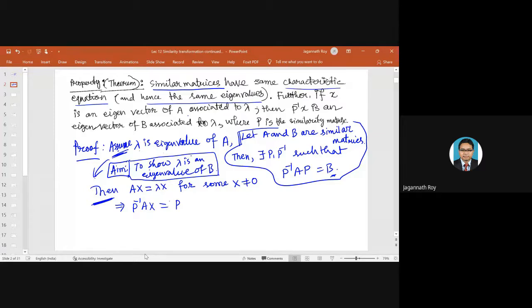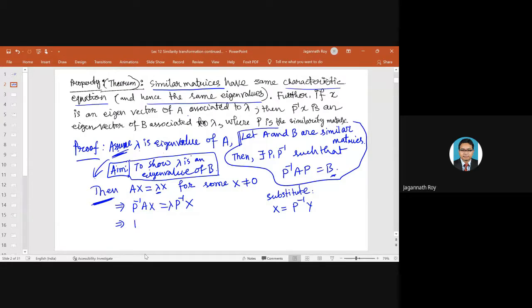Since lambda is a constant, it will come out, and let us write P inverse X. Now P is an invertible matrix, as given. So let us substitute X equals Py.